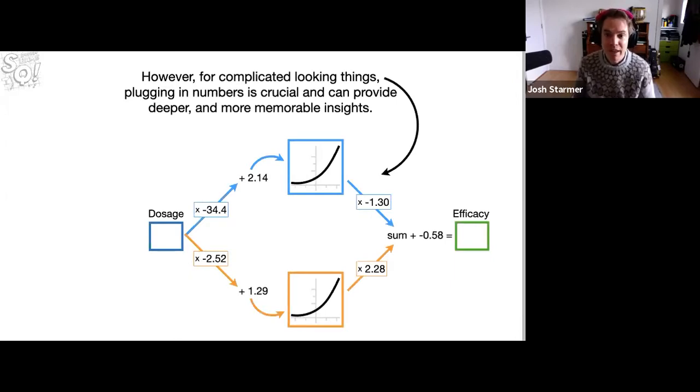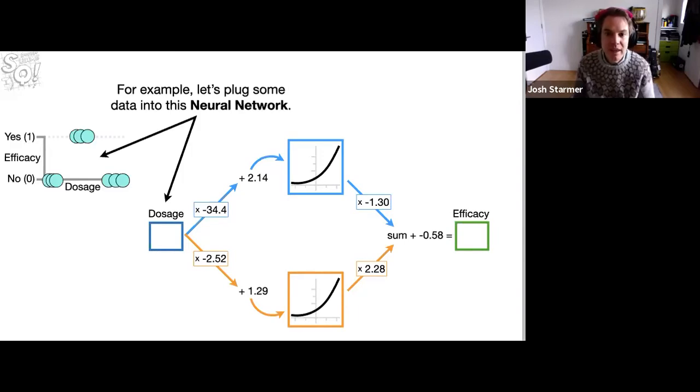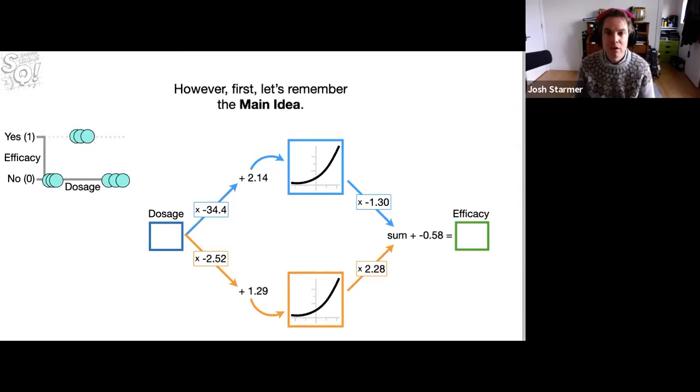However, for complicated looking things, plugging in numbers is crucial and can provide deeper and more memorable insights. For example, let's plug some data into this neural network. However, first, let's remember the main idea.